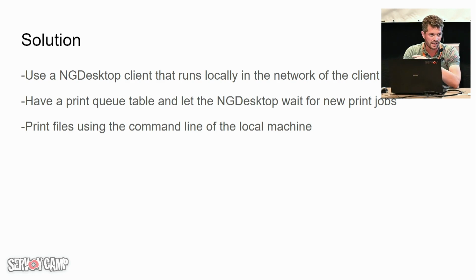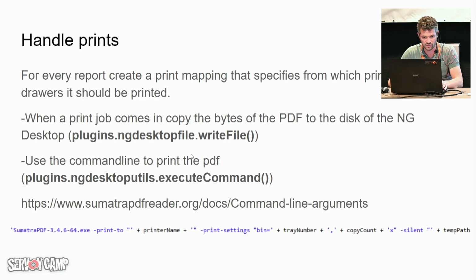Well, the NG desktop in itself can still not print to a certain drawer, so for that we use a different tool, because the NG desktop can run commands on the command line. Let's see, I think I have this on my next slide.